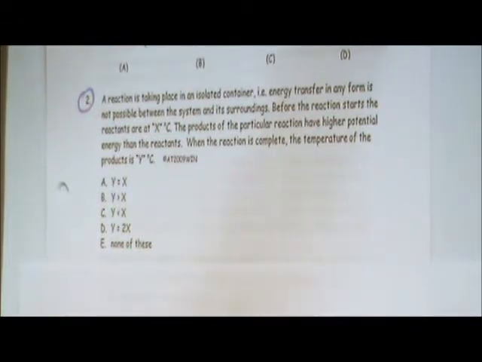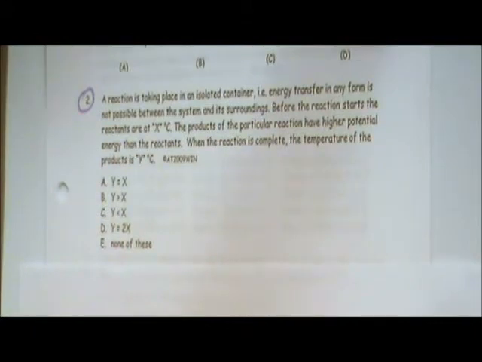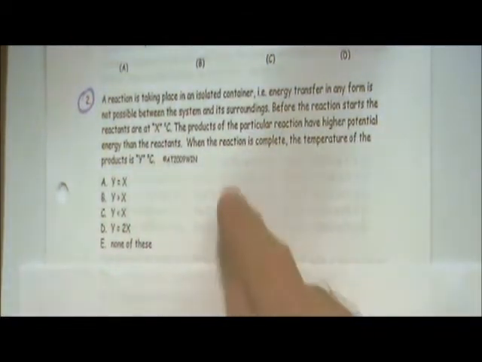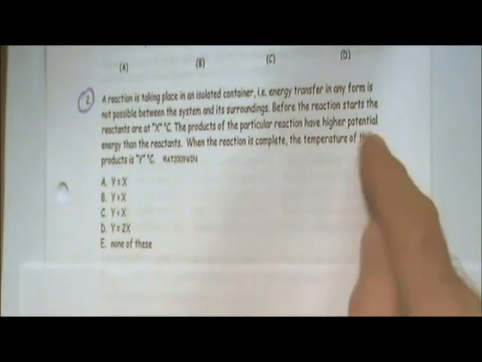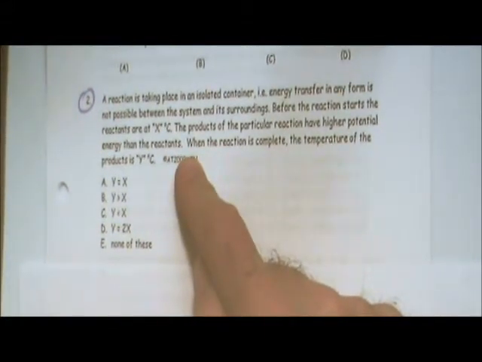Before the reaction starts, the reactants are at X degrees Celsius. So initially, we have X degrees Celsius. The products of the particular reaction have higher potential energy than the reactants. Higher potential energy.